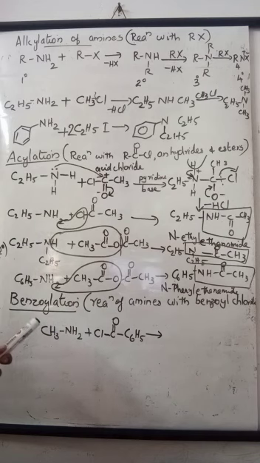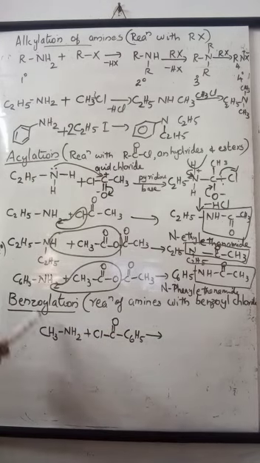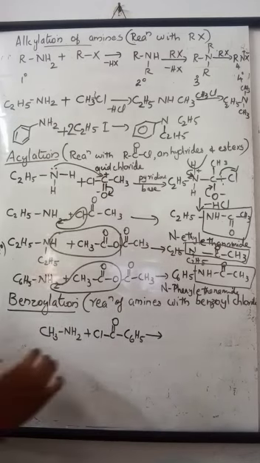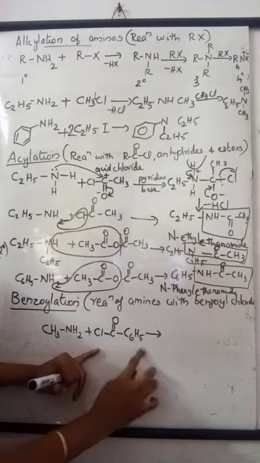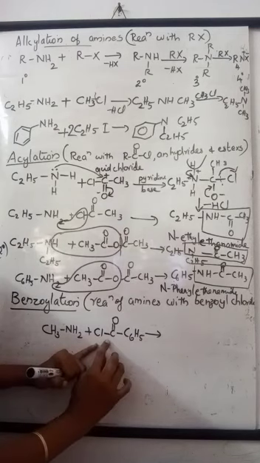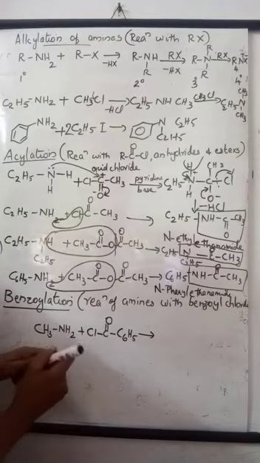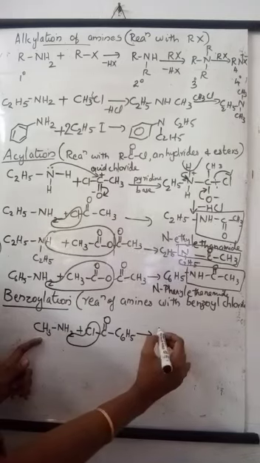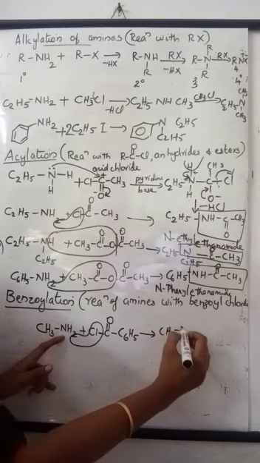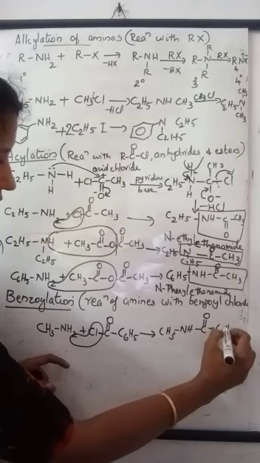Benzoylation reaction. Reaction of an amine with benzoyl chloride is called a benzoylation reaction. That is, an amine, methanamine, when reacting with benzoyl chloride. This C6H5CO group, this compound, is called benzoyl chloride. Here also the same reaction, an HCl molecule is eliminated, and we get CH3NH bonded to CO-C6H5.